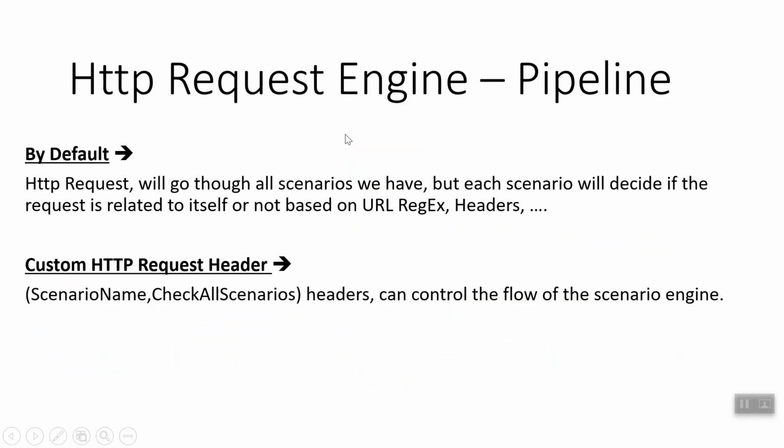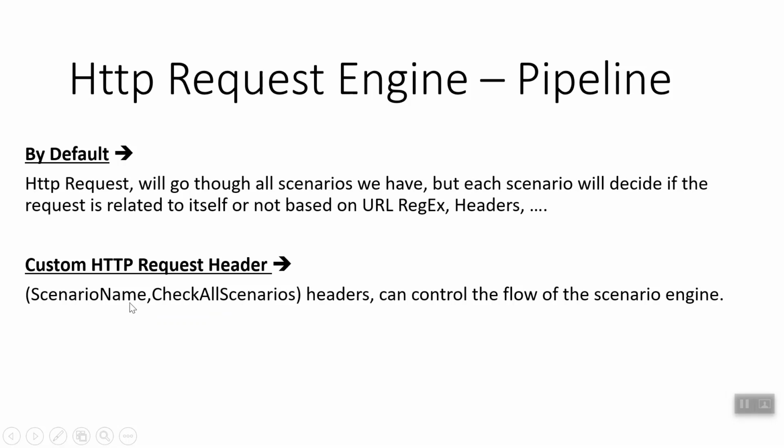Okay, so here is the pipeline. By default, it will go through all the handlers, and in the custom HTTP request header I will have something called scenario name and check all lists. Those are parameters coming in the request header.